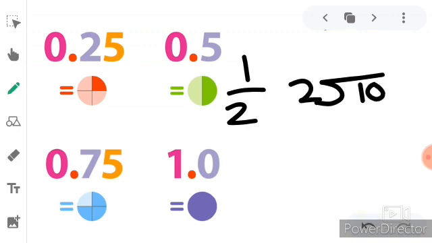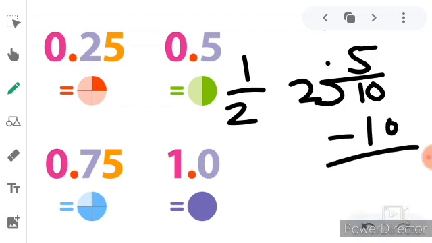Put the 0 here, put the decimal point. Read the table of 2 up to 10. 2 fives are 10. So 0.5 is our answer. So we can write half as 0.5.